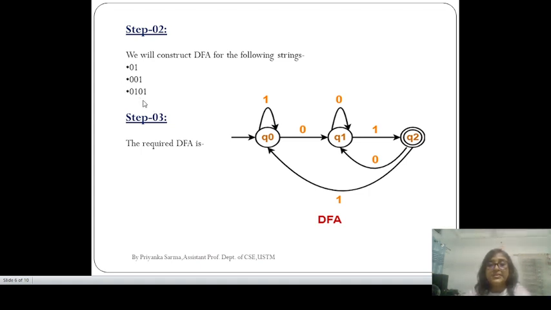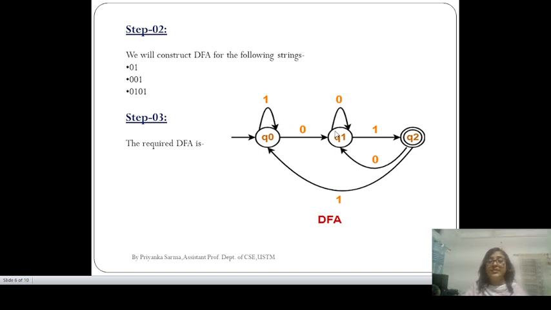Similarly, 0101: can this machine accept 0101 or not? The first symbol is 0, that means Q0 can accept 0 and move from Q0 to Q1. The next symbol is 1, so Q1 can accept 1 and move from Q1 to Q2. The next symbol is again 0, so Q2 can accept 0 and move to the Q1 state.